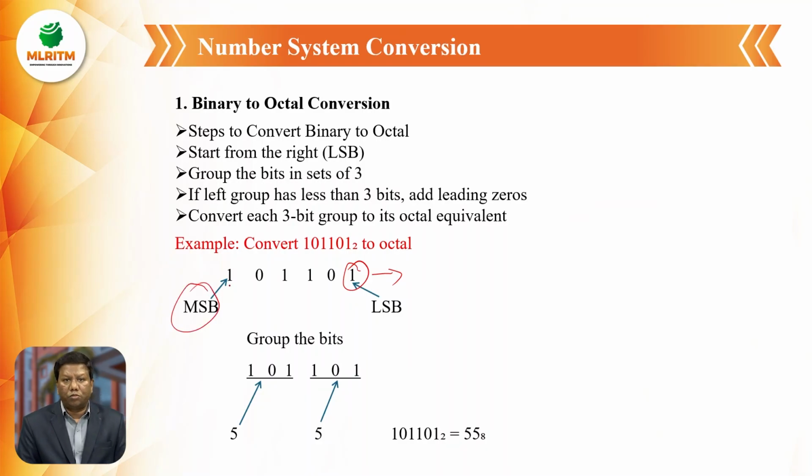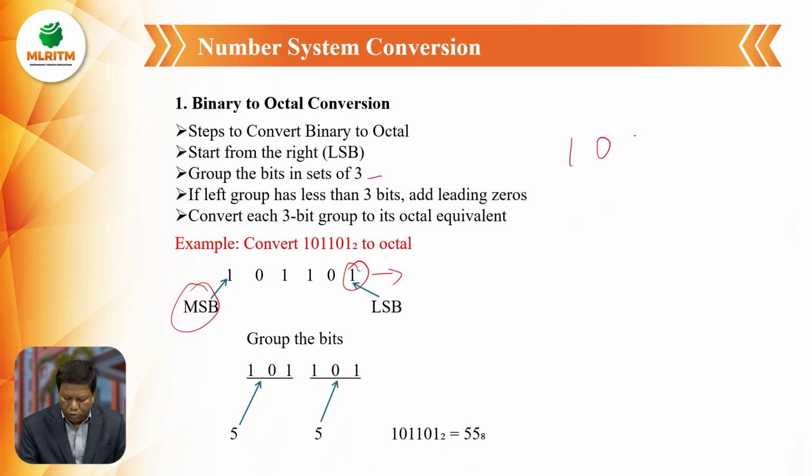MSB is the most significant bit, which has the highest weight. Group the bits in sets of 3. If the left group has less than 3 bits, add leading zeros. Convert each 3-bit group to its octal equivalent.